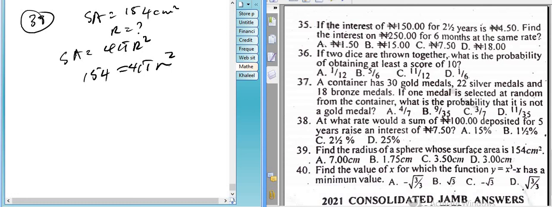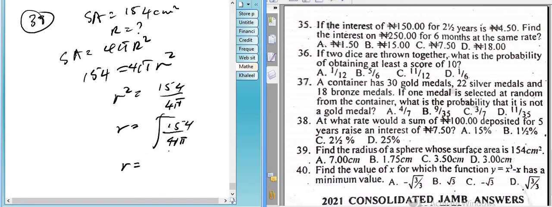So we are asked to find r. So the surface area is given as 154, which is 4 pi r square. So we are asked to find the radius. So r square is equal to 154 over 4 pi.